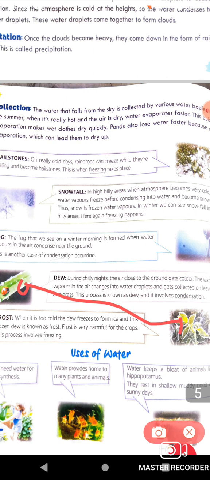It involves the process of freezing, because the liquid state changes into the solid state, that is ice form. So frost involves the process of freezing, and it is also very harmful for the crops.